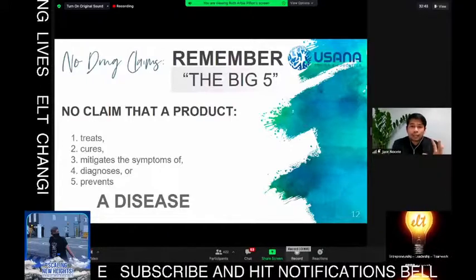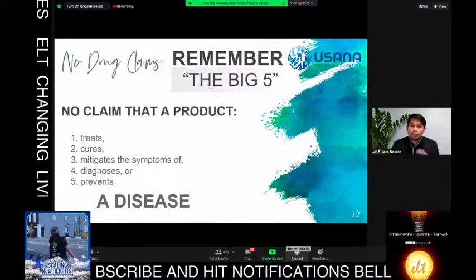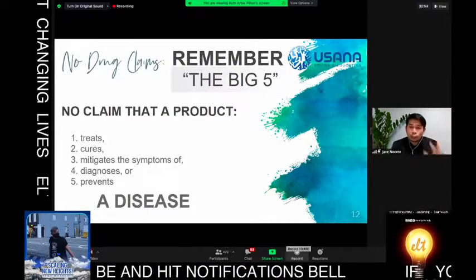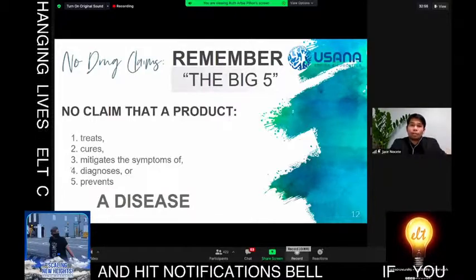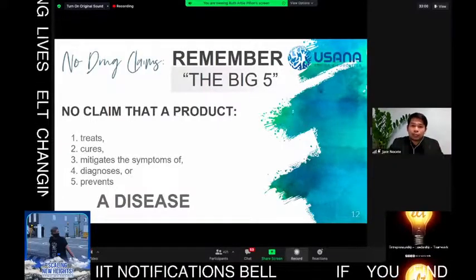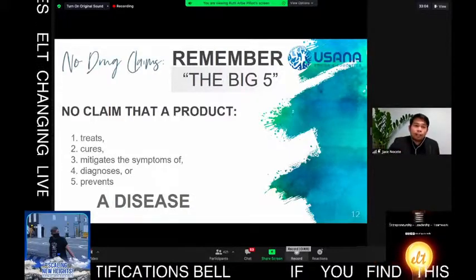So utilizing kasi any of these five terms means you are making a drug claim. That is why we make sure to avoid using any of these five terms para hindi tayo ma-fall under the category of drug claims. So remember the big five and never to use them.